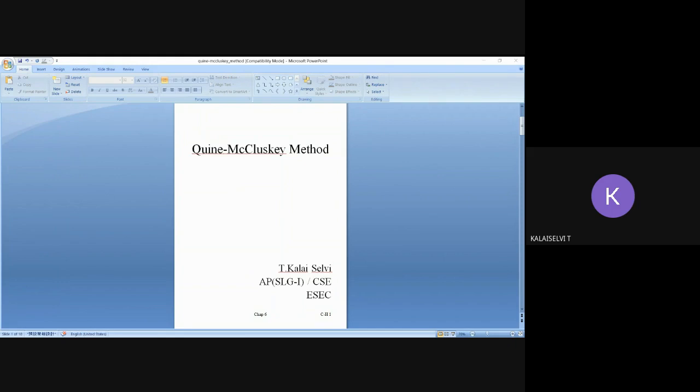Consider here minterm 0 and 1 are combined, so here is the difference in only one bit position. Here is 0, here is 1, and all the remaining are 0. So there is a change in only one bit position. So we can group the minterm 0 and 1.